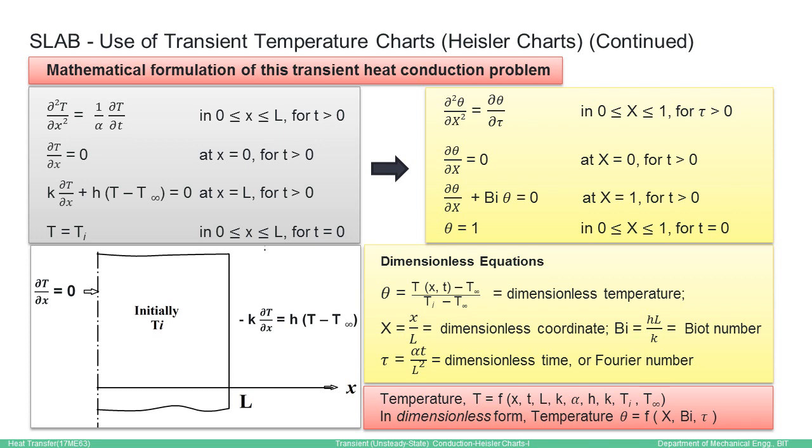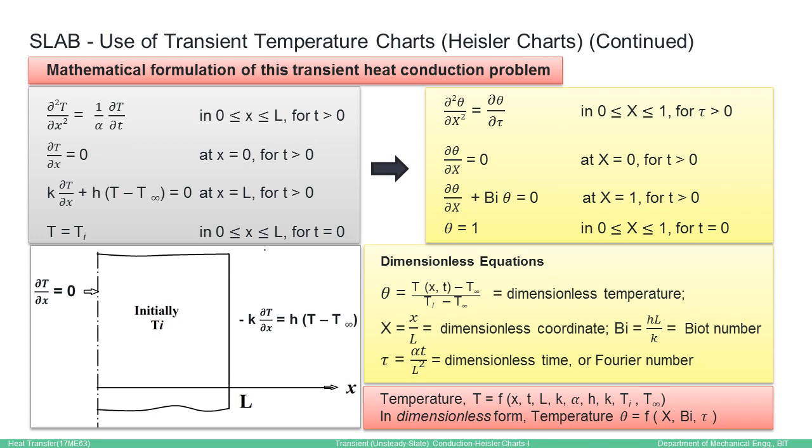But after reducing the differential equations and the boundary conditions using dimensionless numbers, we have these expressions in which the dimensionless temperature theta is a function of only three parameters, that is capital X, Biot number and tau. This is the use of dimensionless equations or dimensionless numbers.